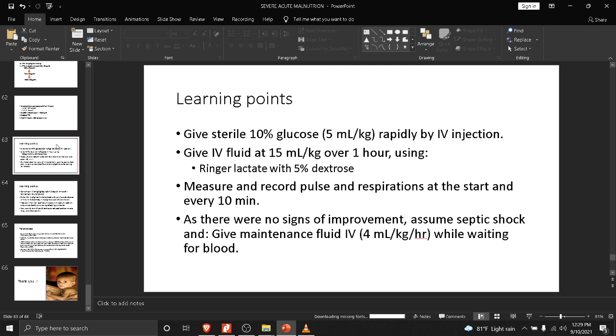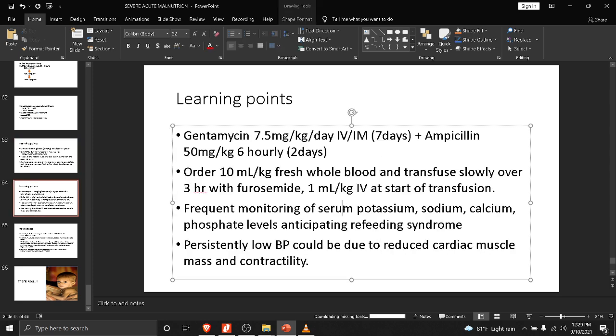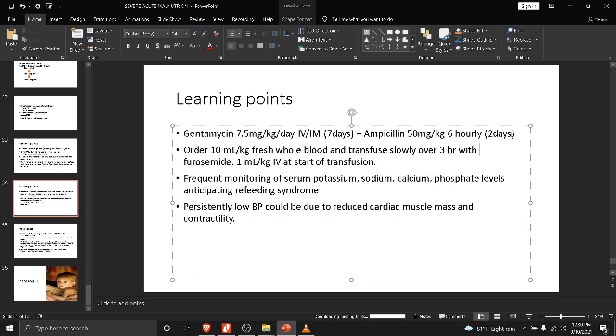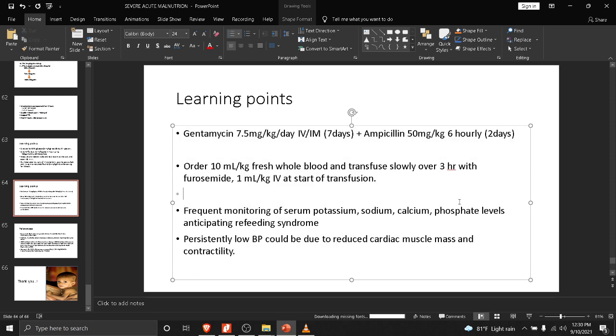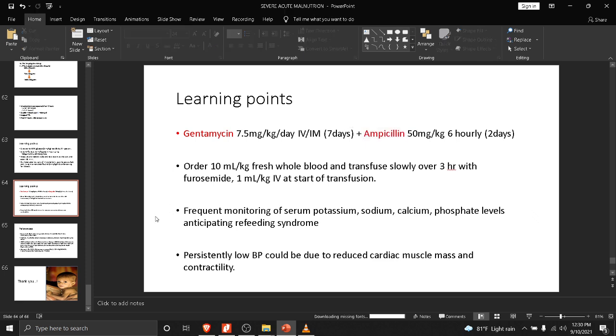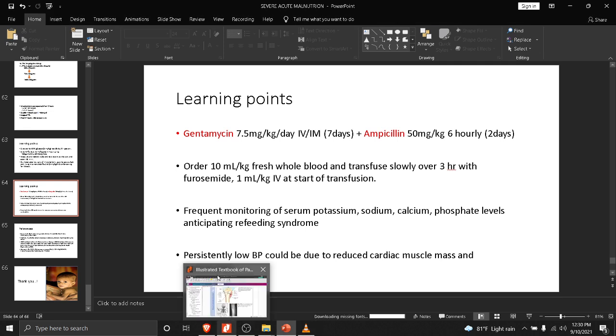With regard to antibiotics, what they recommend is gentamicin 7.5 mg per kg per day for 7 days and ampicillin for 2 days, and if the child is improving, we can shift to oral amoxicillin. Also, as I mentioned, 10 ml per kg fresh whole blood is usually transfused slowly over 3 hours with furosemide 1 mg per kg at the beginning.